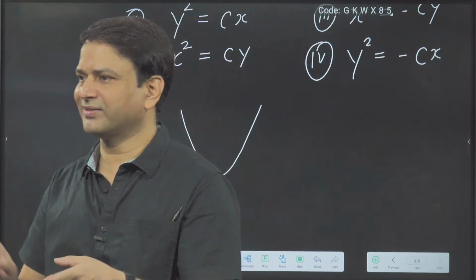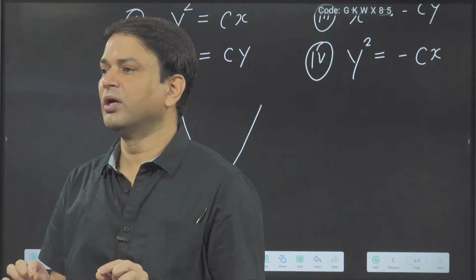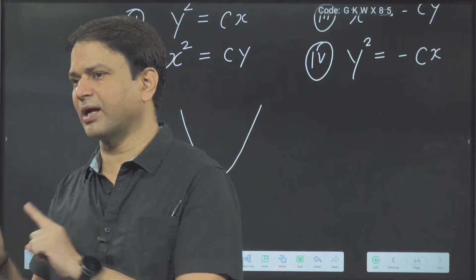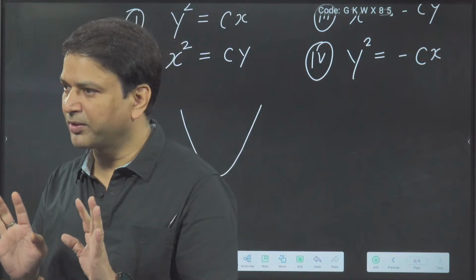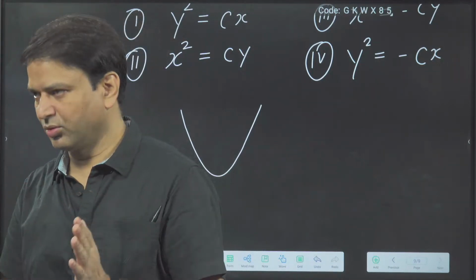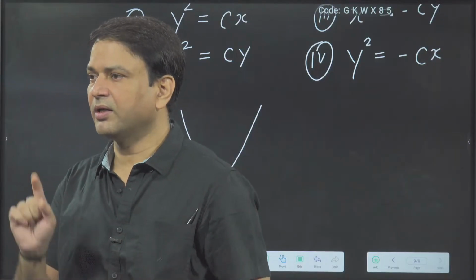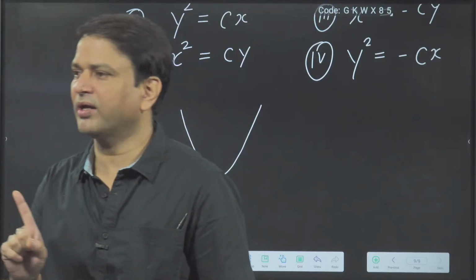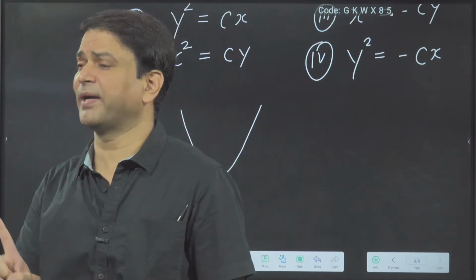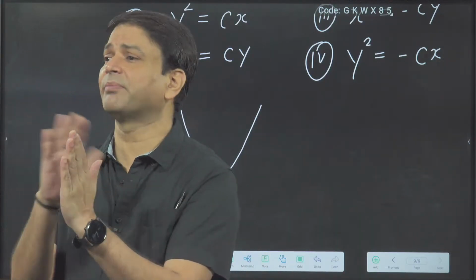If you want, you can write this point also. Equation has x square, then symmetric about y. Symmetric means both sides are like the same mirror image. Again I am repeating, if the equation contains x square, then symmetric about y. Symmetric about y means the y axis will act as a mirror.